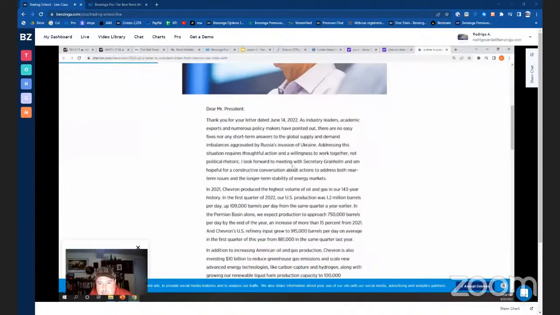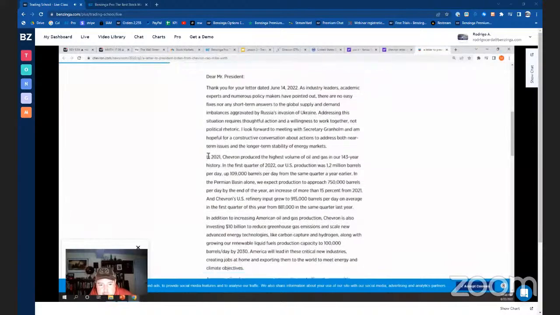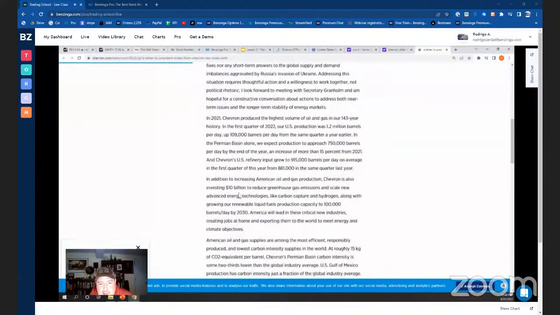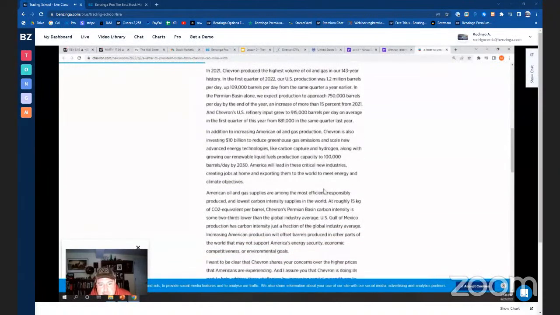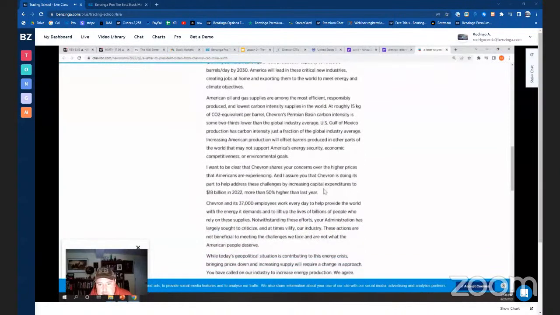The work meeting with Secretary Granholm. She's the one who laughs. Chevron is also investing $10 billion to reduce greenhouse gas emissions. Notwithstanding these efforts, Chevron and its 37,000 employees work every day to help provide the world with the energy it demands and to lift the lives of billions of people who rely on these supplies.